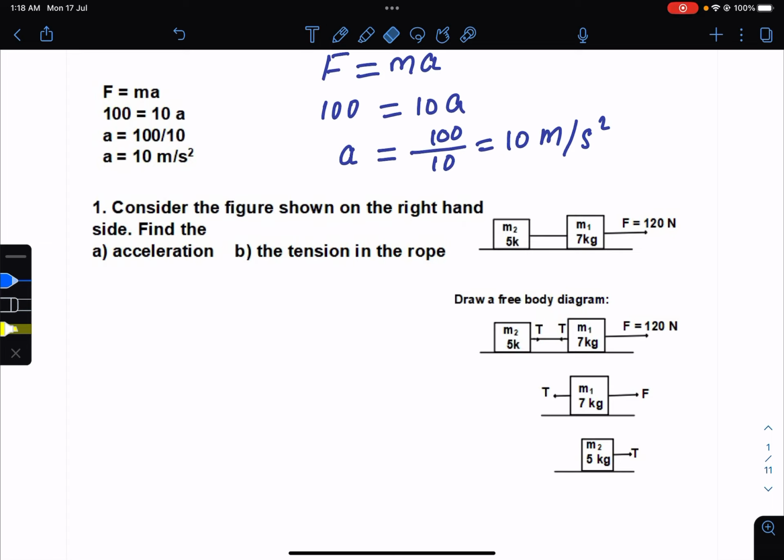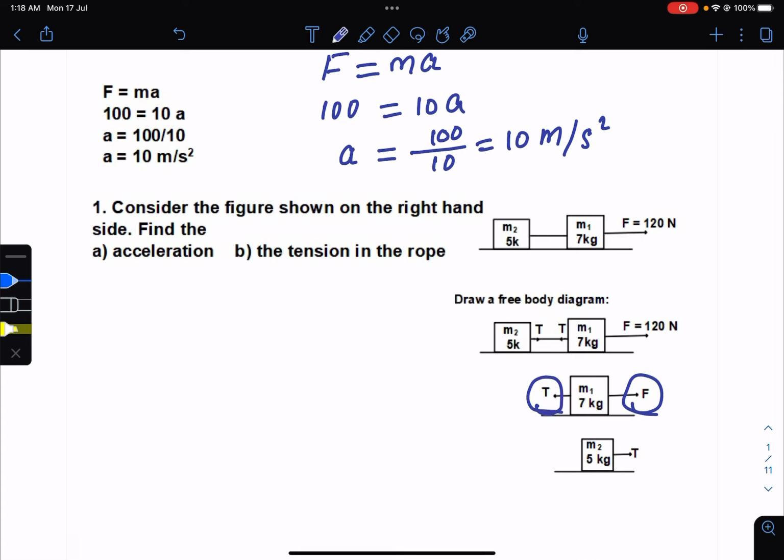So the free body diagram for this one is this. For the first object is this one. Here is the applied force, and this one is the tension in the rope.